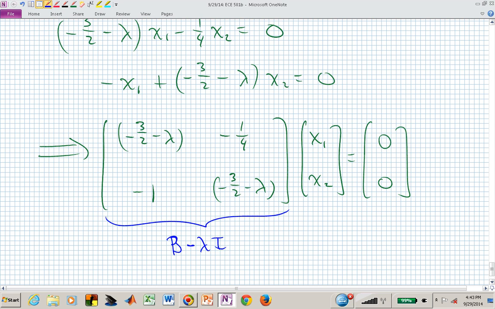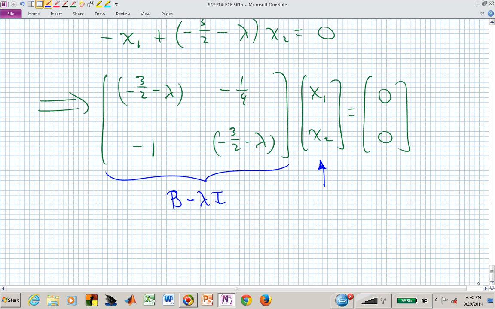Can you tell me anything about x and maybe a space it might live in? It's in the null space, isn't it? We now have a vector x that's living in the null space of a matrix B minus lambda I. X is in the null space.